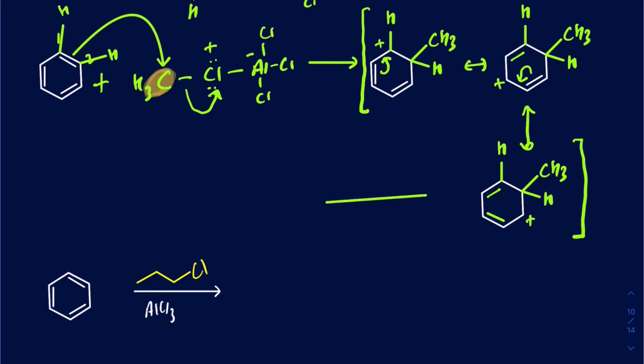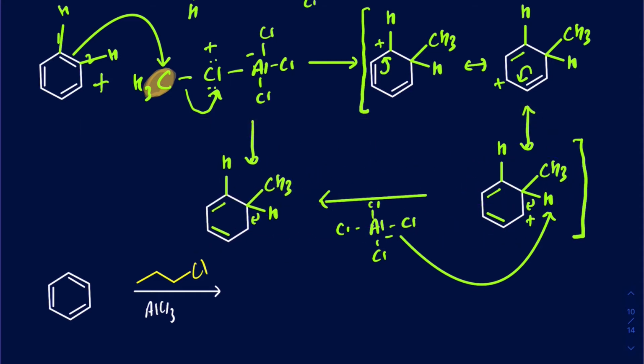And then eventually I can have the AlCl4 minus grabbing this hydrogen here, restoring the aromaticity. I'll put it right here, and erase part of it. I'm going to take away that hydrogen as well. So you recreate this bond, restoring the aromaticity, and your side product is going to be HCl.